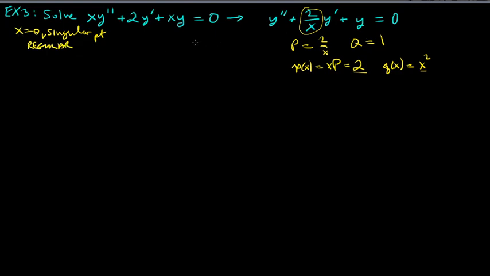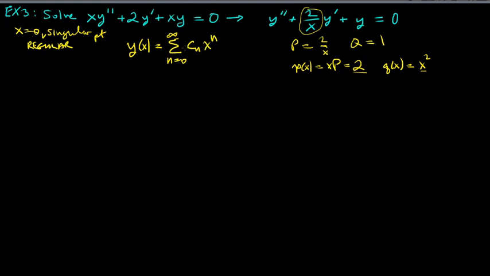So what do we do when we have a regular singular point? Well, without knowing what to do, let's just see what happens if we attempt the same thing we did for ordinary points. Remember, if x equals 0 was an ordinary point, we would assume that y of x is just a power series, going from 0 to infinity, of Cn x to the n, because we're expanding this at x equals 0.